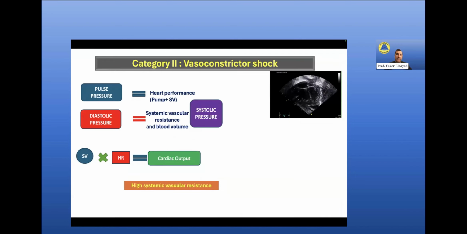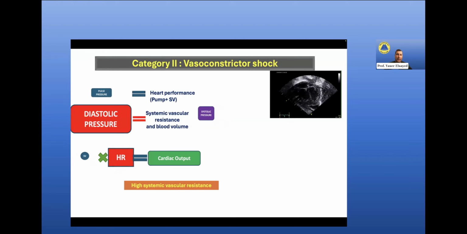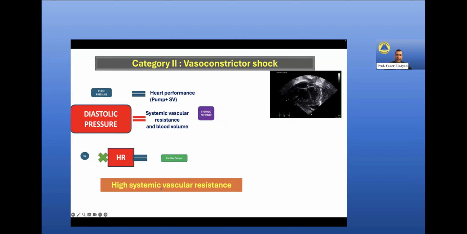The second type, you may have the trend of the diastolic blood pressure increasing, and according to that, your pulse pressure is decreasing. And the systolic blood pressure is low because it reflects the pulse pressure. So here the heart rate might increase for compensation, but the systemic vascular resistance is expected to be high.